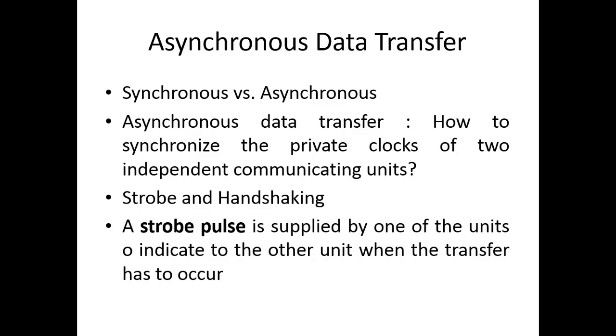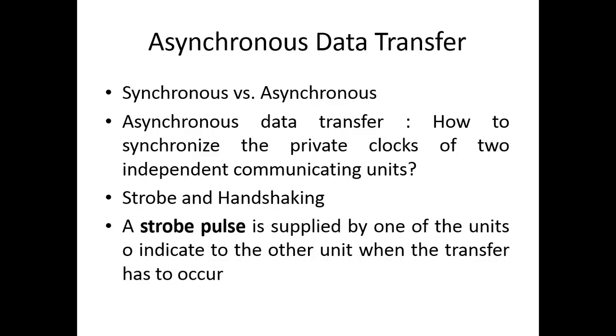To implement this asynchronous data transfer between two independent units, it is needed to provide control signals to indicate the time at which data is being transmitted, because that is the only way to synchronize the operations, as the two units are being operated at different speeds and they have their own clocks.